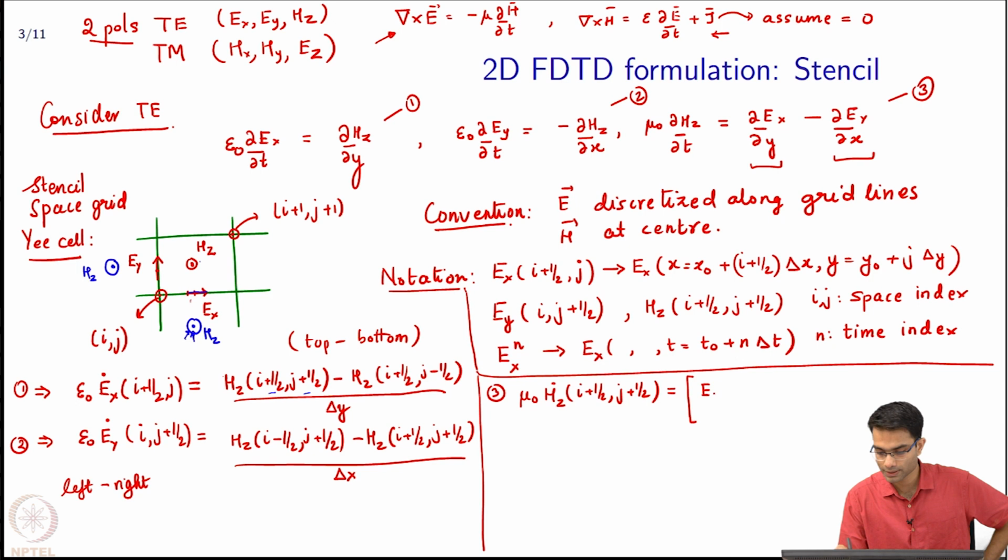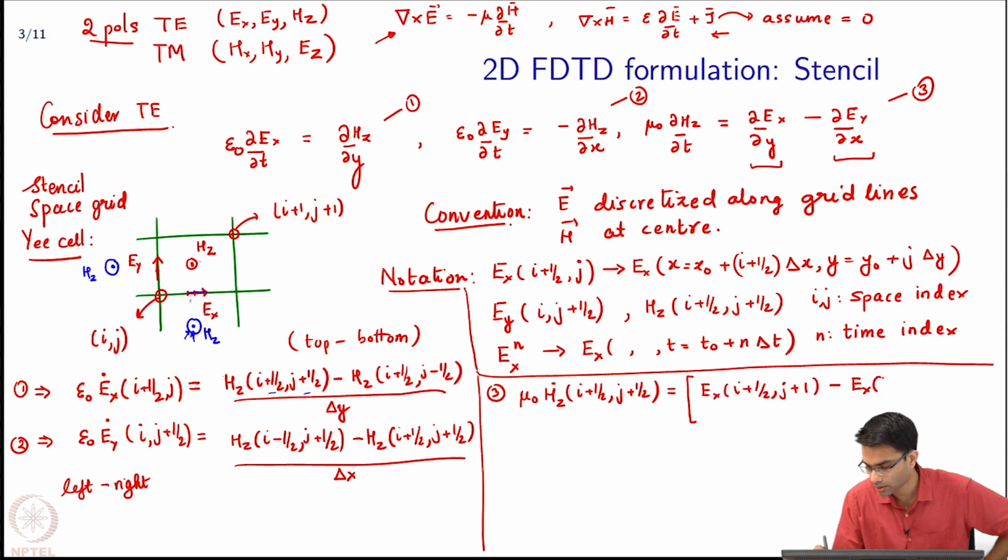Ex at I plus half, j plus 1, minus Ex at I plus half, j, divided by delta y.